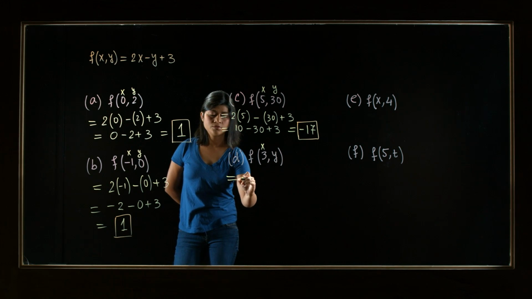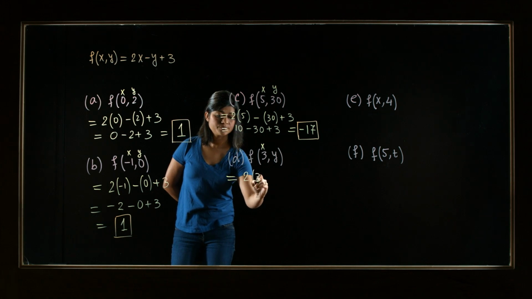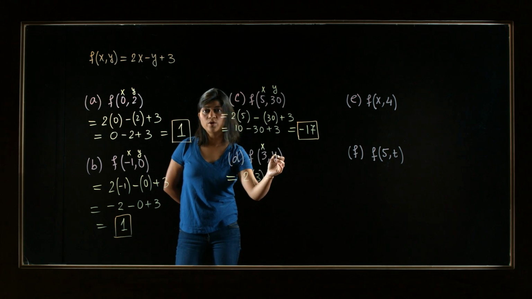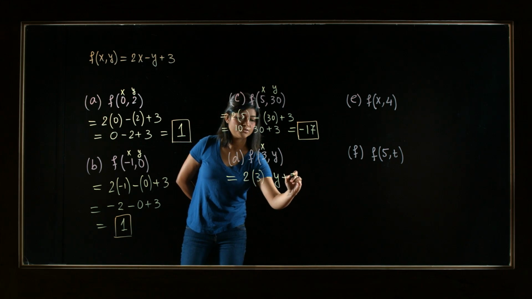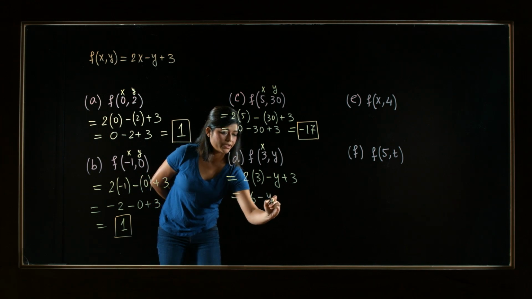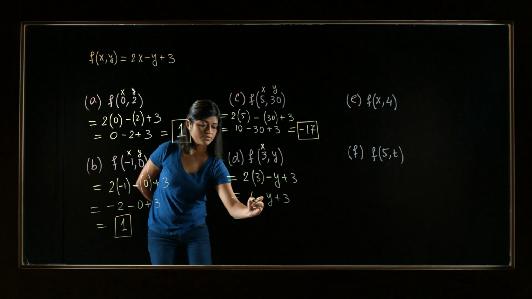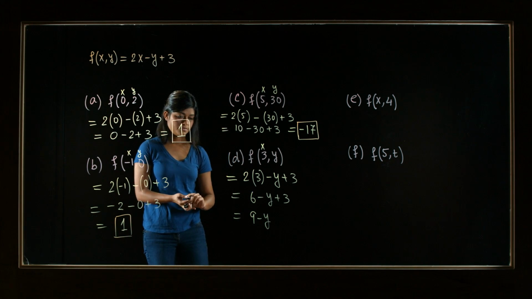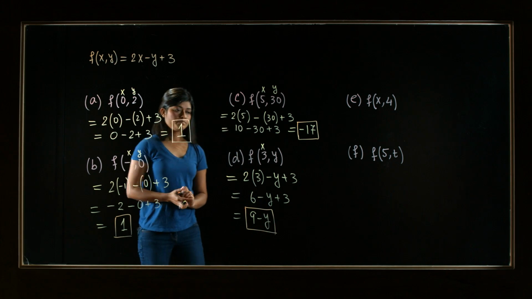So, we have 2 times x, but x is 3, minus y, there is no value for y but just y, so just keep it as y and then add 3. So, this is 6 minus y plus 3. You can simplify it further, 6 plus 3 is 9 minus y. So, this is the simplified expression.